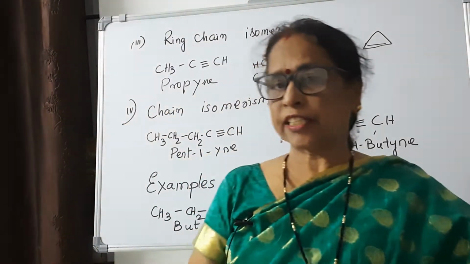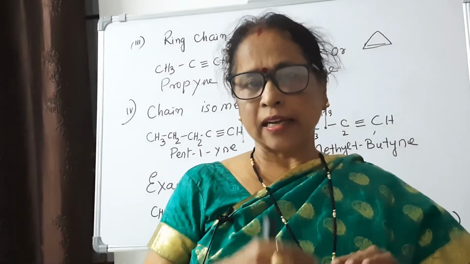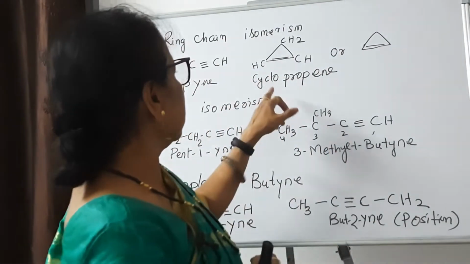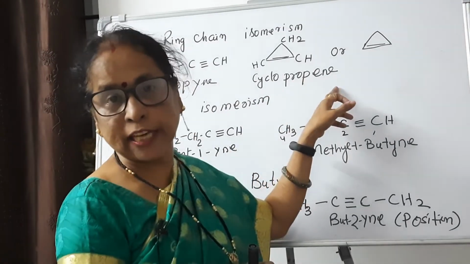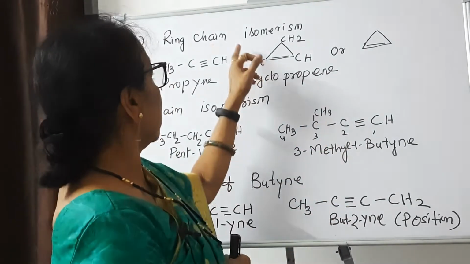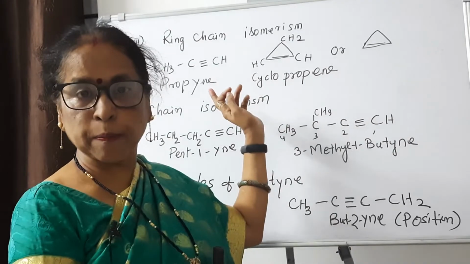Then you will see ring-chain isomerism and simply chain isomerism. Then come to ring-chain isomerism. That means it forms one ring, and here you will see what type of isomerism is possible, that is called cycloalkene. That means if you say alkyne, it produces ring-chain isomerism, that is cyclopropene. If it is propyne, propene.